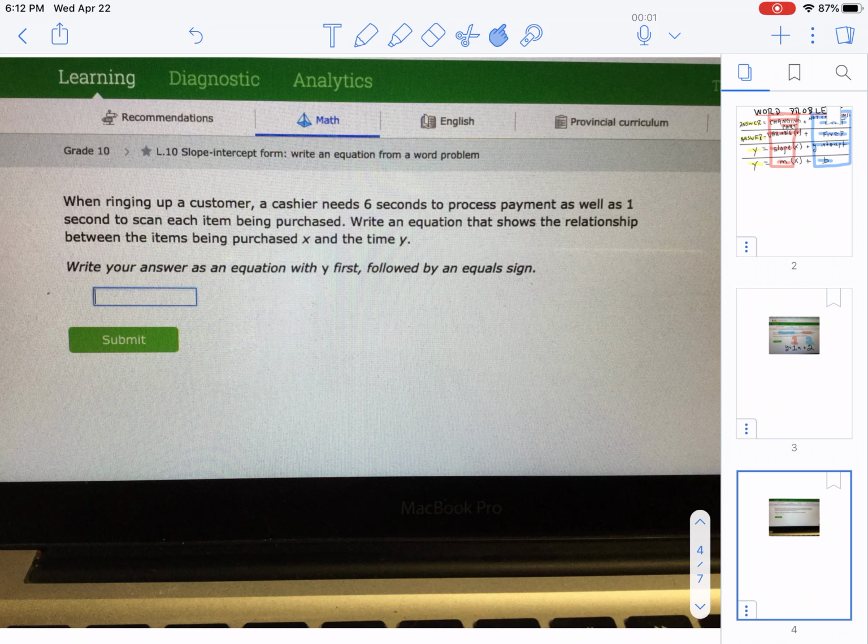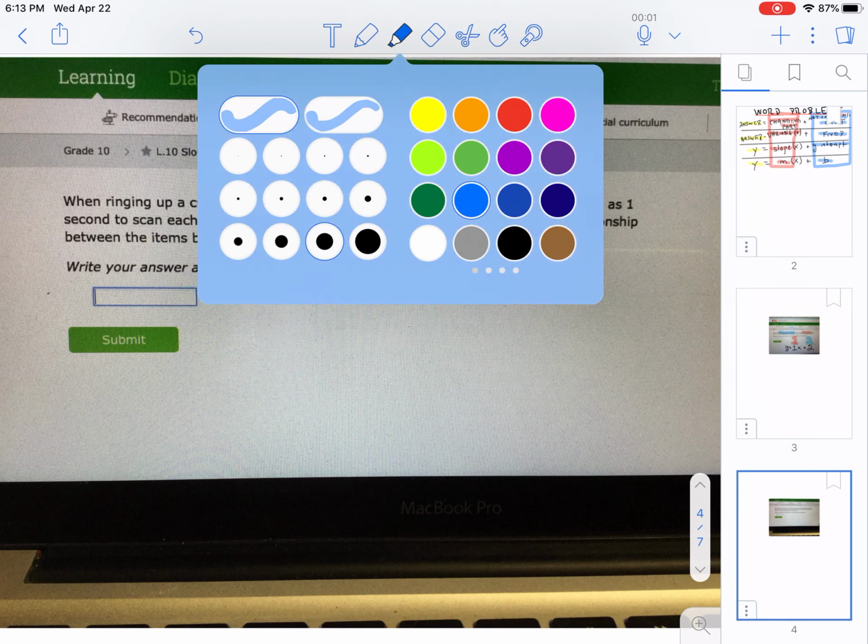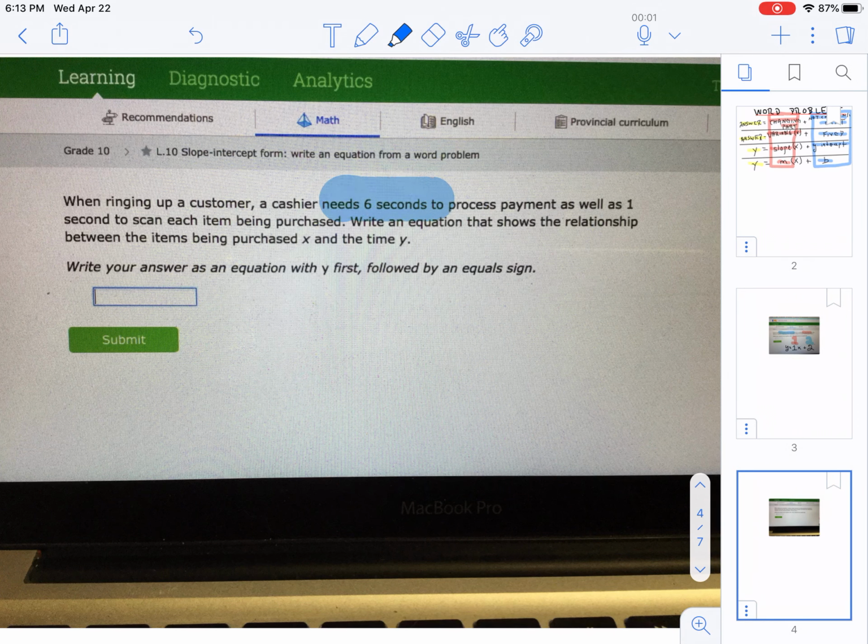It says, when ringing up a customer, a cashier needs 6 seconds to process a payment, as well as 1 second to scan each item being purchased. So what part of this question is not changing? What part of this question is fixed? The 6 seconds is fixed because it takes the cashier 6 seconds no matter what.